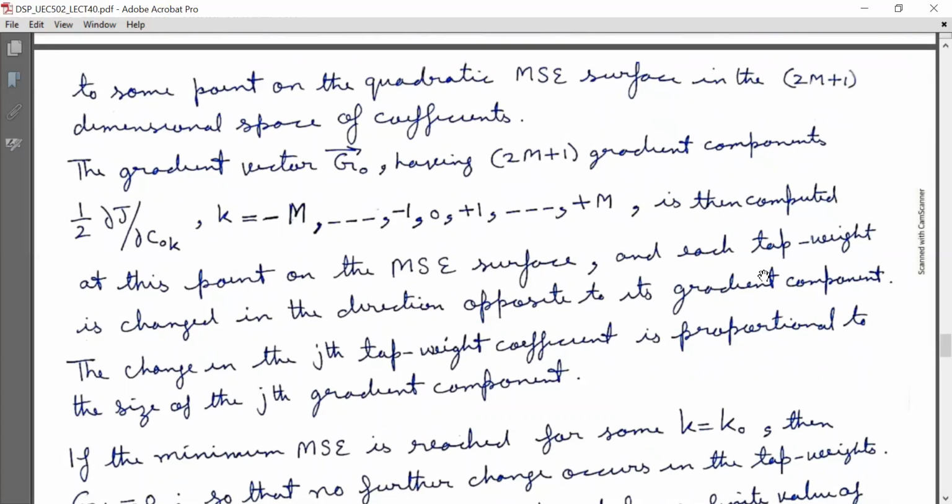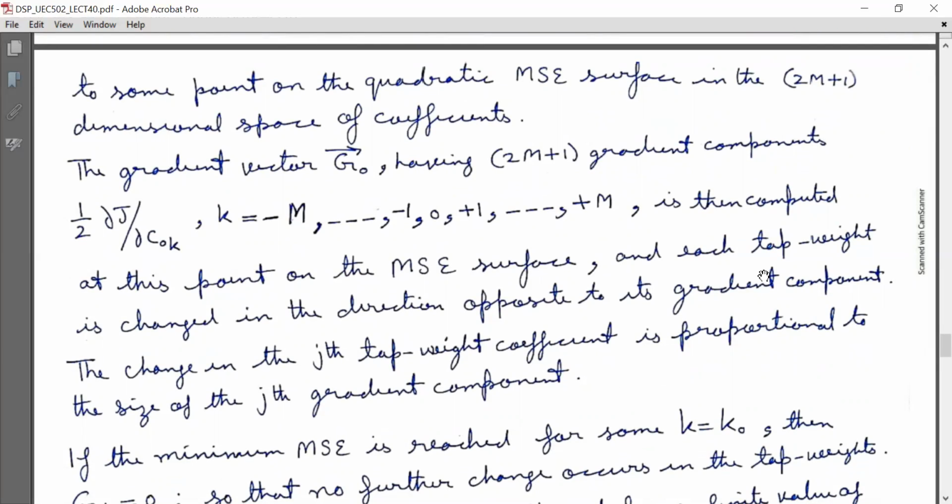The gradient vector G naught, having 2m+1 gradient components, 1/2 partial derivative of J with respect to C naught k, where k is changing from -m to m, is then computed at this point on the MSE surface.